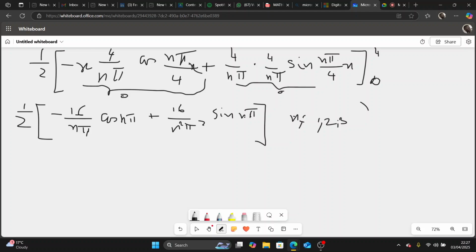If you substitute any value of n here, you're going to get answers for this. But for this guy here, where there is sine, if you put any 1, 2, 3, what's going to happen to this expression? I think you're going to get 0.